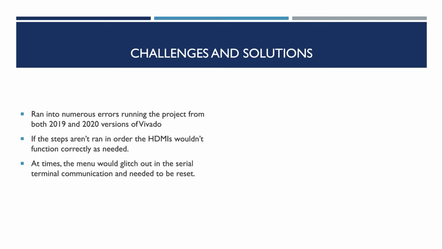So we've had some technical challenges and solutions, and just to list them, our first challenge was having trouble getting the project to run. I've had the 2019 and 2020 versions of Vivado, although when I was trying to open a project, I was having a lot of trouble. I ended up going back and downloading the 2018.2 version, I believe it is.